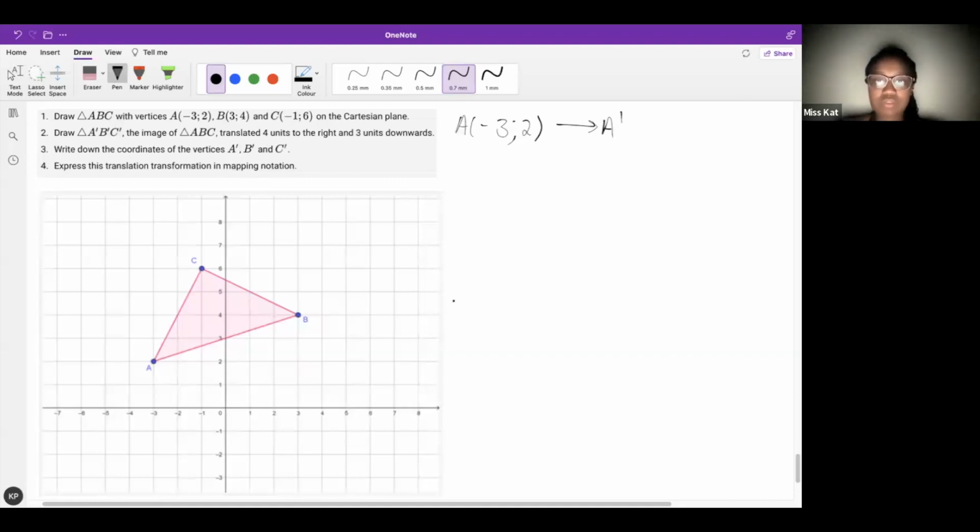So it says, if you start from x, 4 units to the right, is that a plus or a minus? Let's see. It's a plus. So we're going to have a +4. And your y says 3 units downwards. Is that a plus or a minus?